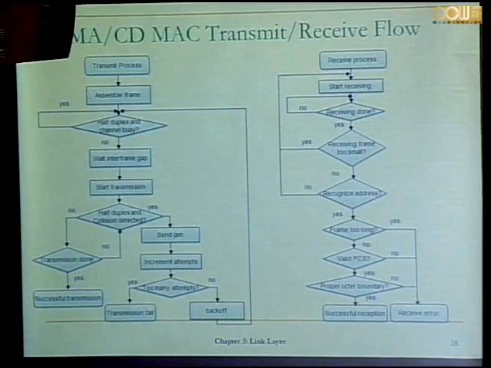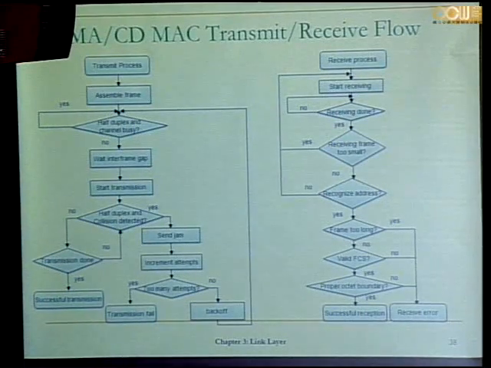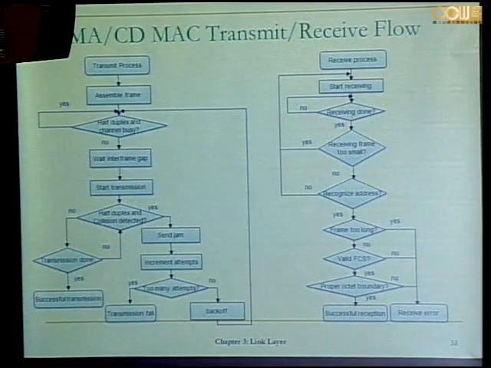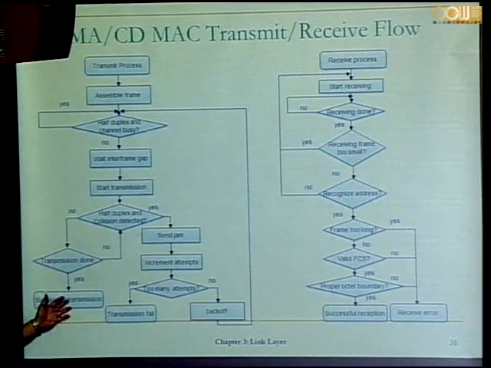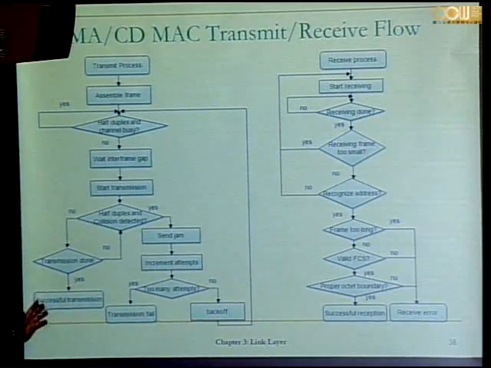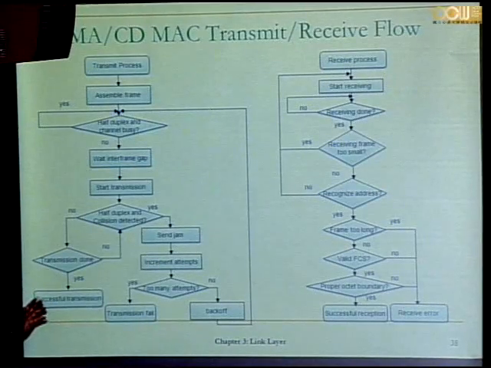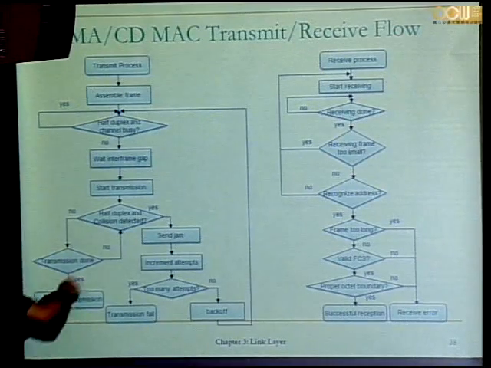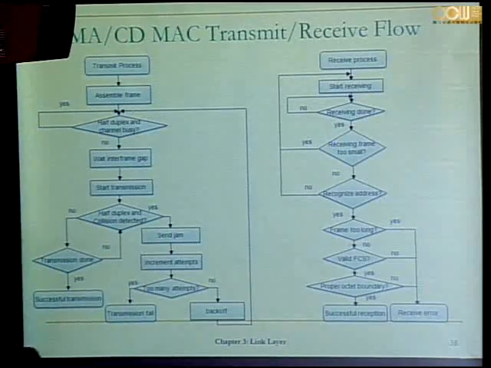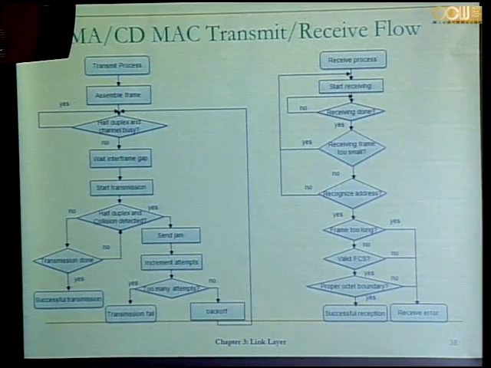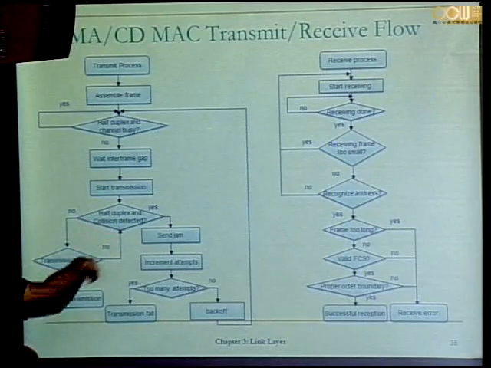Since I finished the transmission and I think it has ended and succeeded, I have no further action for this frame. It's a done deal. I have no chance to go back here to send a jam, right? For A, it's a done deal, and I'm out of the loop.